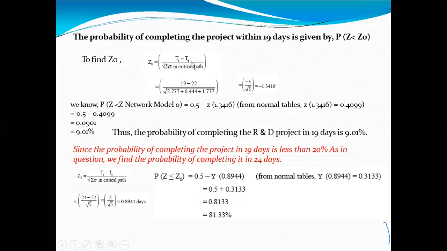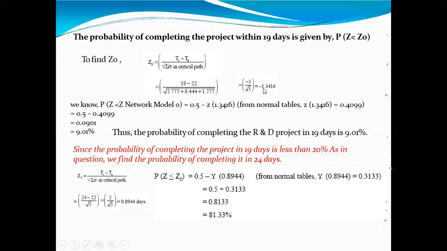TS minus TE. TS is 19 days minus 22 days, divided by the root of the summation of all critical path sigma values. By putting in all the values, it gives me minus 1.3416. I am not considering this minus.